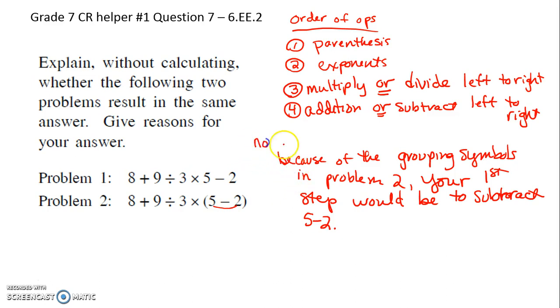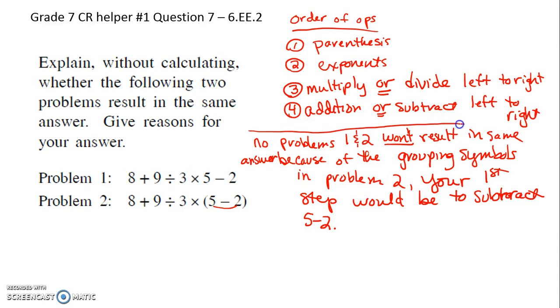So I should have started: No, problems 1 and 2 won't result in the same answer. Because of the grouping symbols in problem 2, your first step in problem 2 would be to subtract 2 from 5.